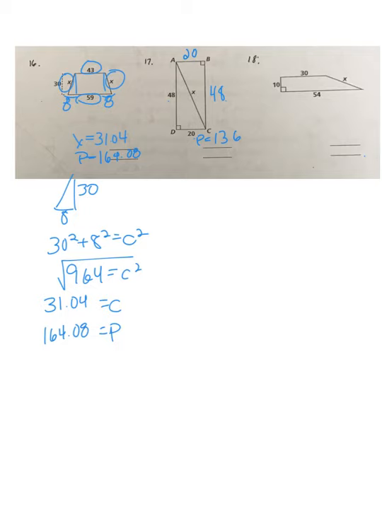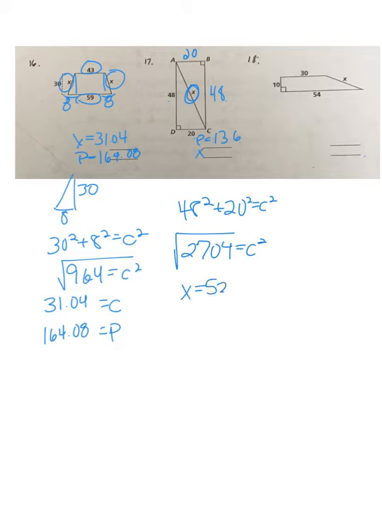Now to find this here, we're going to do 48 squared plus 20 squared equals c squared. 48 squared plus 20 squared equals 2,704. Got to take the square root of that, and then you get that the x is 52, or your C.